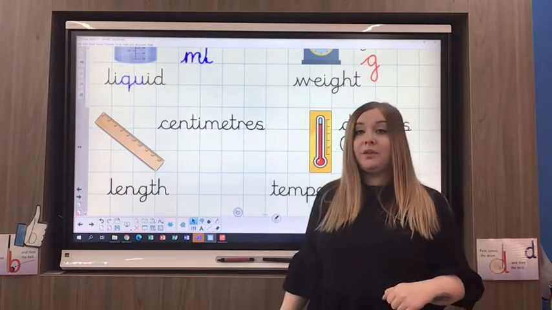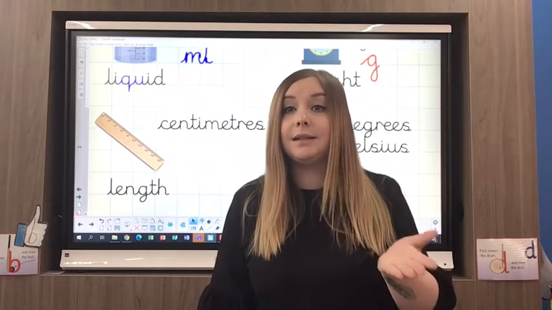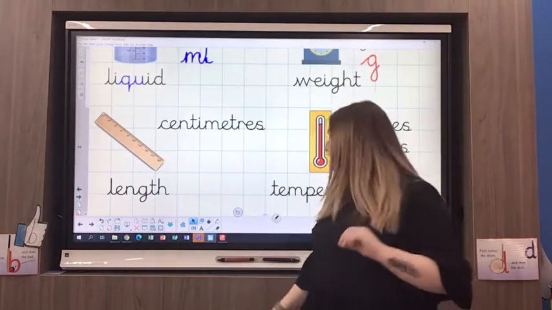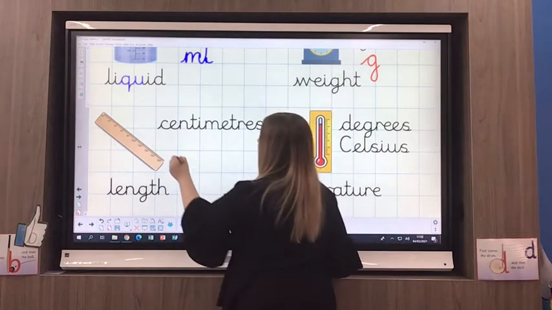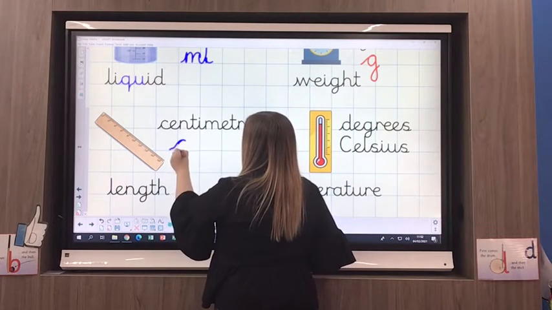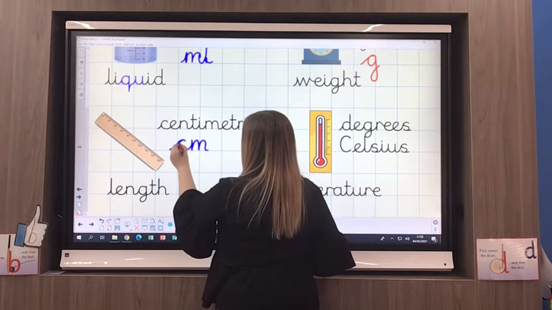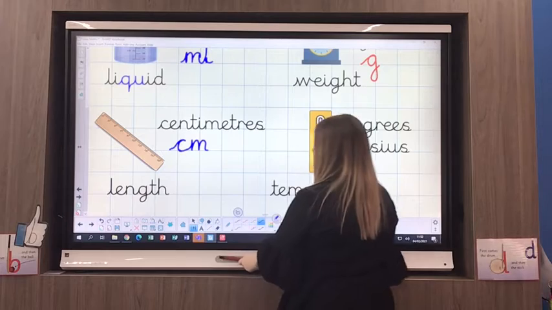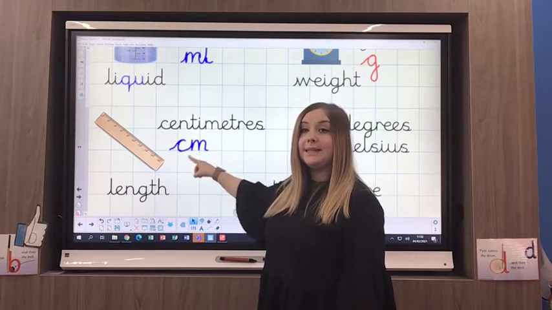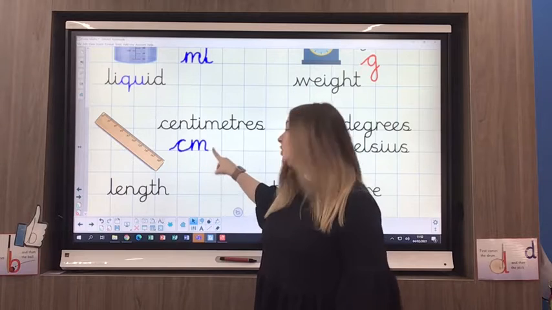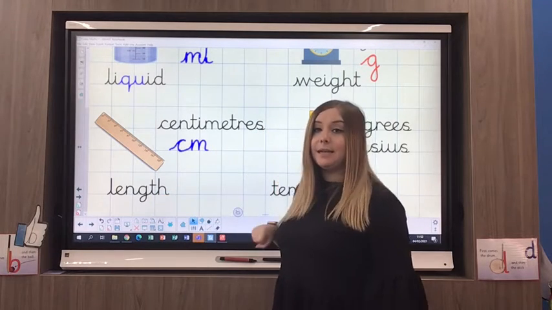Okay, so say that one after me. Centimetres. Centimetres. Brilliant, centimetres. And we'll often see centimetres written using a c and an m. Okay, so if we see a c and an m, that means we're measuring the length of something in centimetres.